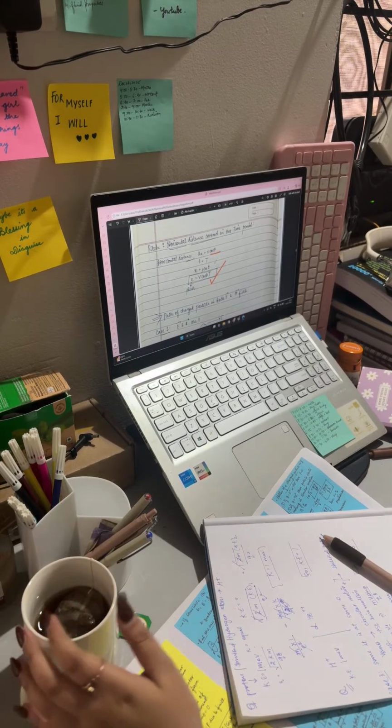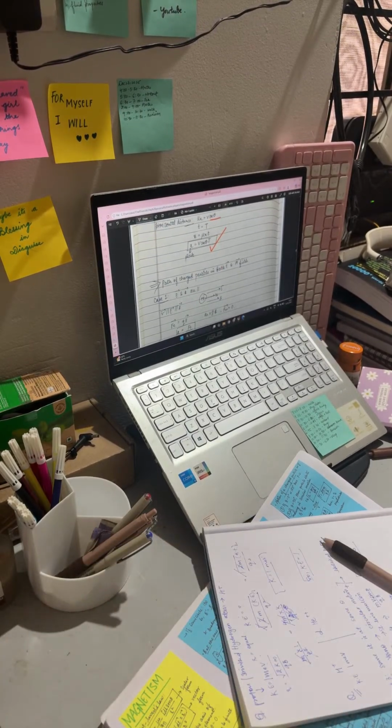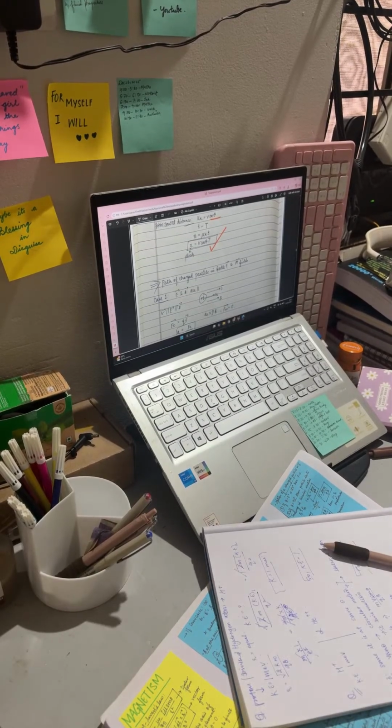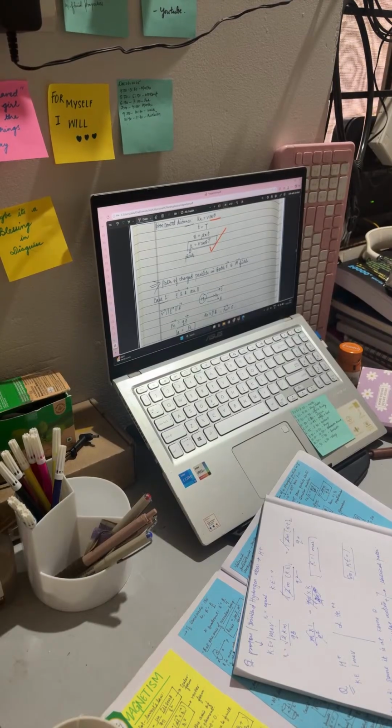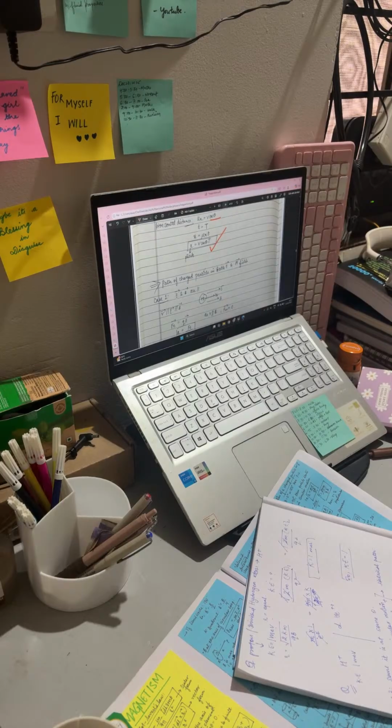So pitch is the horizontal distance, which is equal to v cos theta into T.